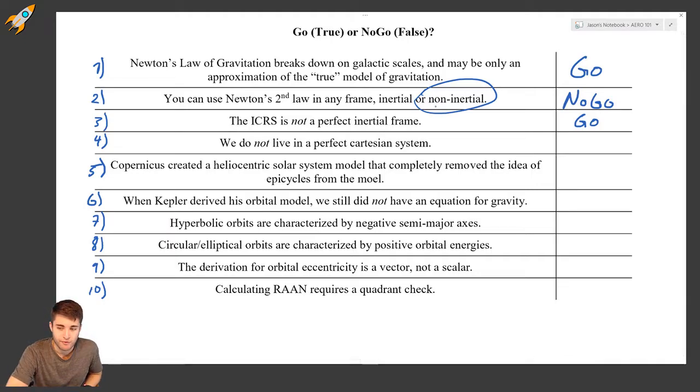4, we do not live in a perfect Cartesian system, and Oyashiro says 4 is a go. Oyashiro, you are absolutely correct. 4 is a go. We live on a planet, which means our space-time is slightly warped. If you were to go into orbit and move out of the gravity well of the Earth, your space-time continuum would be different. Time in orbit actually passes at a slightly different rate.